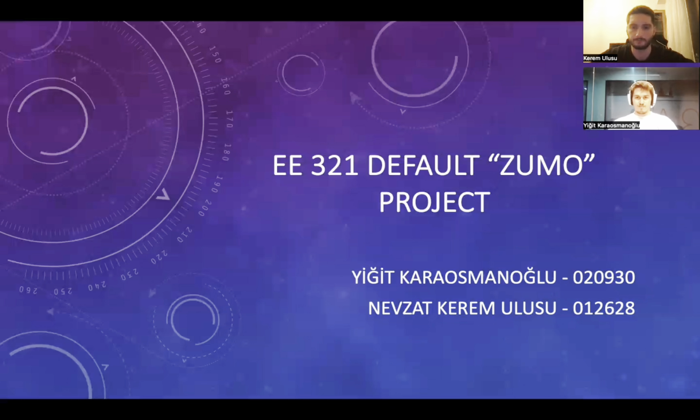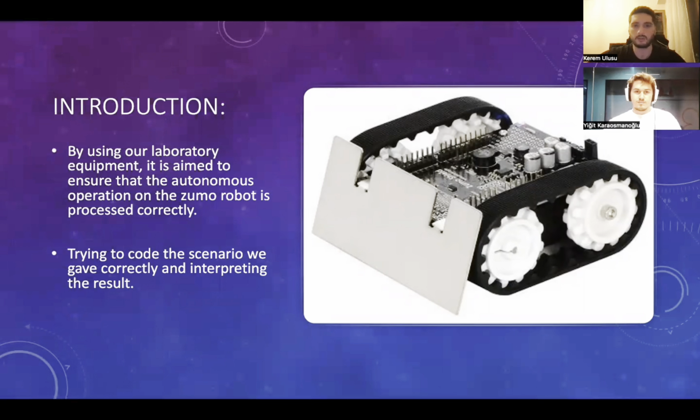Thank you. I will start with the introduction part. Our aim with this project is to program a Zumo robot that can autonomously scan the area and report the number of objects around it. It should operate in a given space and be able to move in the area if necessary.